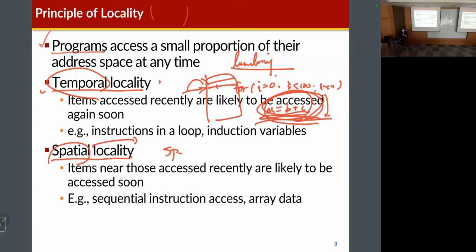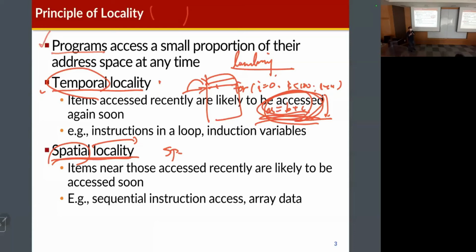And then how about spatial locality? Spatial locality means that if a certain data or a certain item is requested by a program, with high probability, the program will request the neighbor item or neighbor data.